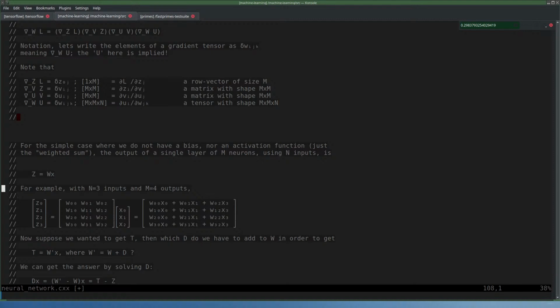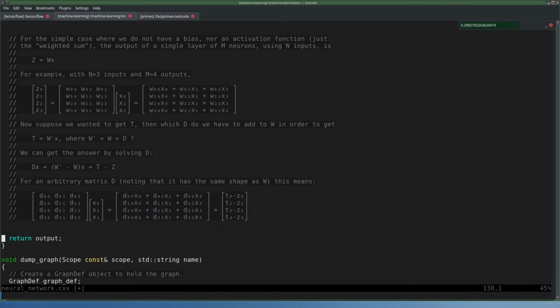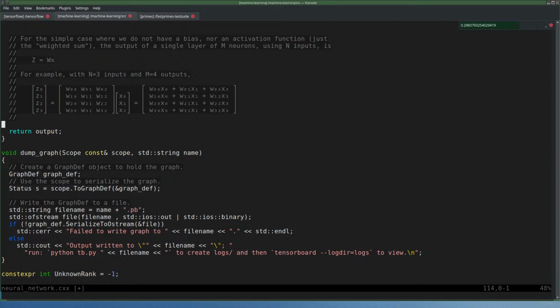Might come in handy. This, however, is nonsense. There's no way to solve this. A nonsensical attempt.